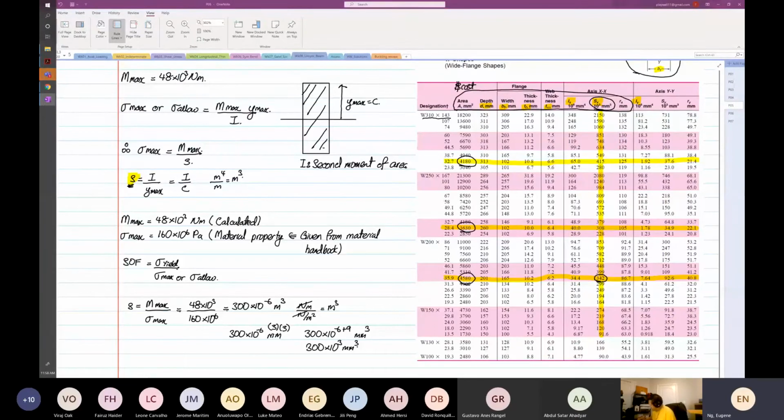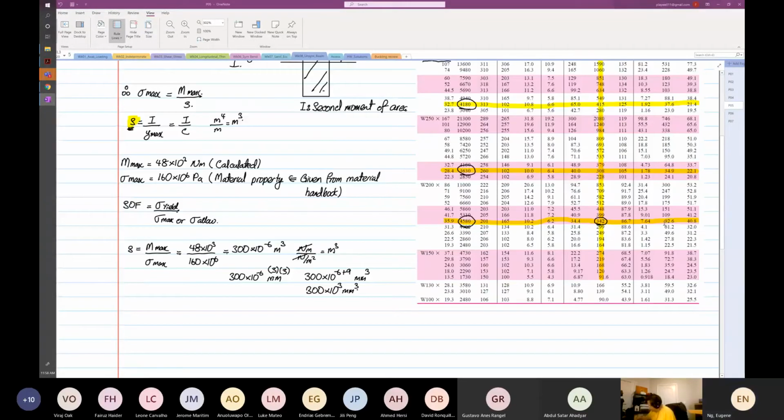So you have to select the smallest cross-sectional area when it satisfies the S value. Okay, right? So the smallest because it's the lowest cost, basically. Yeah, things are getting expensive now, right?